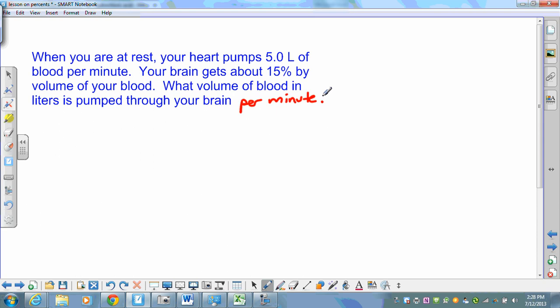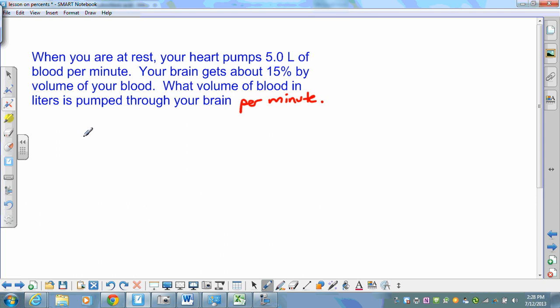So basically, all this question boils down to saying, what is 15% of 5 liters? Because your brain gets 15% of the blood that your heart pumps during a given time interval. And we're talking about the same time interval, so we don't have to worry about that part right now. So all we need to define is 15% of 5 liters.